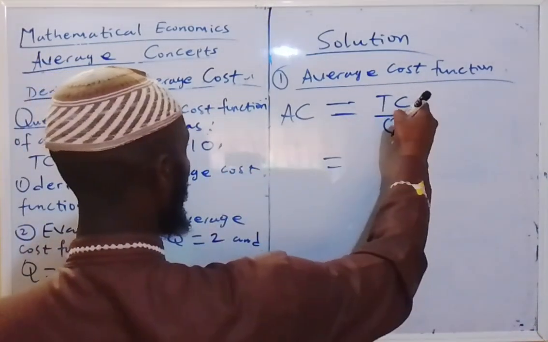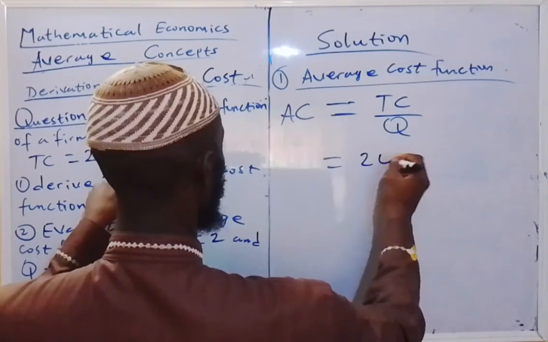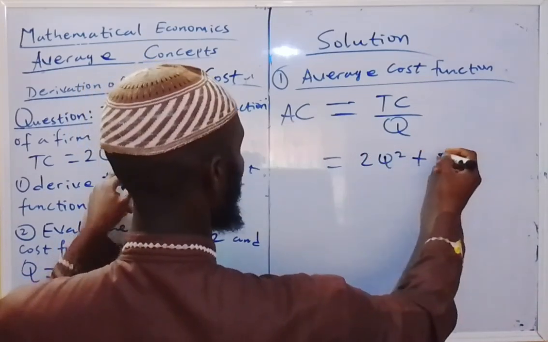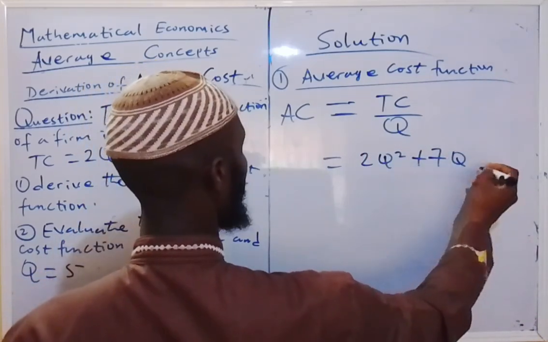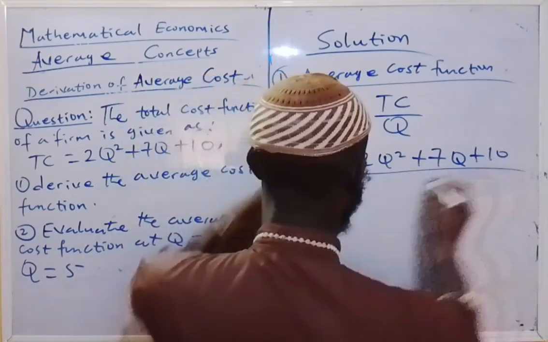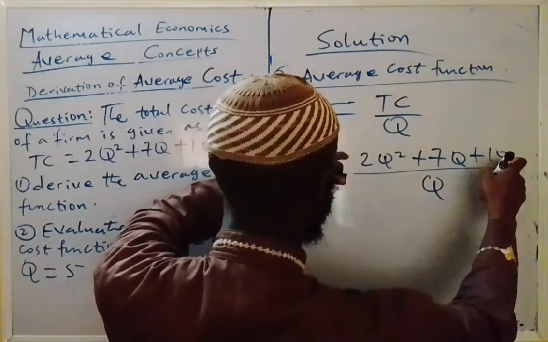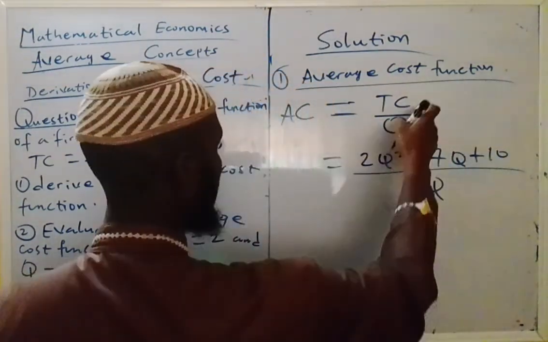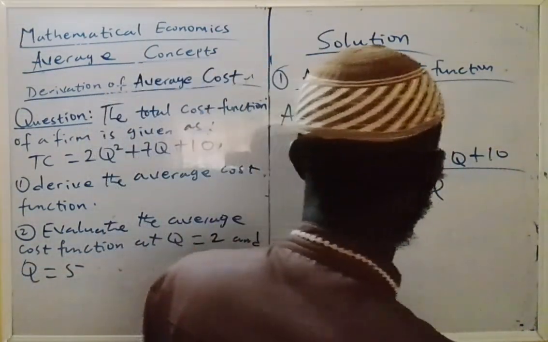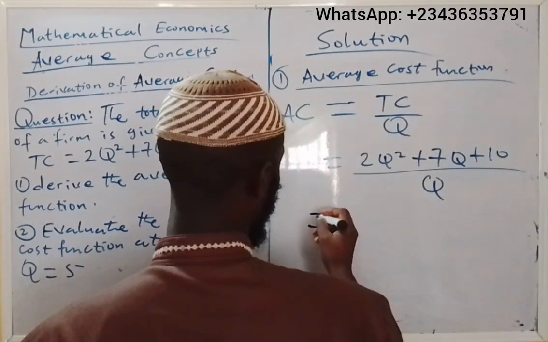So we have total cost function, which is 2Q squared plus 7Q, then we have plus 10, then divided by Q. This is our TC, the whole of this, and this is our Q. Then you can separate this.